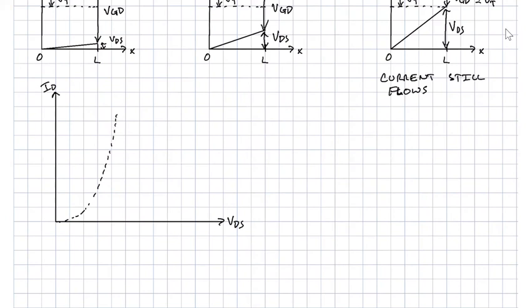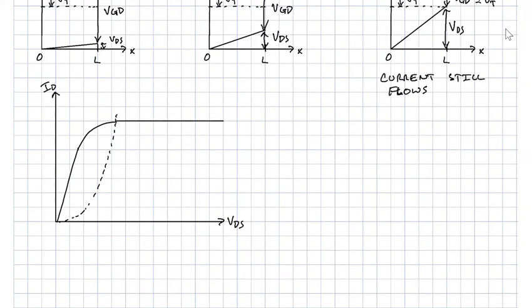There's basically a boundary that happens between these two modes of operation, the triode that we've talked about before, which happens down when VDS is low. And then we transition and move into the saturation region.